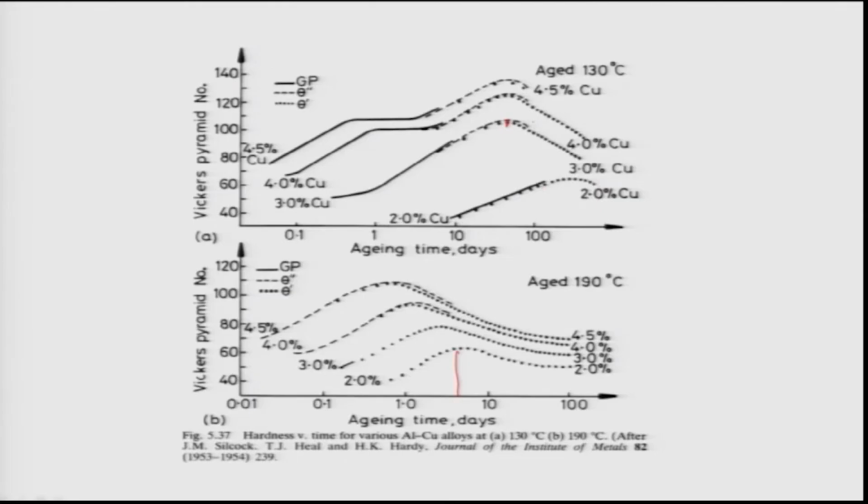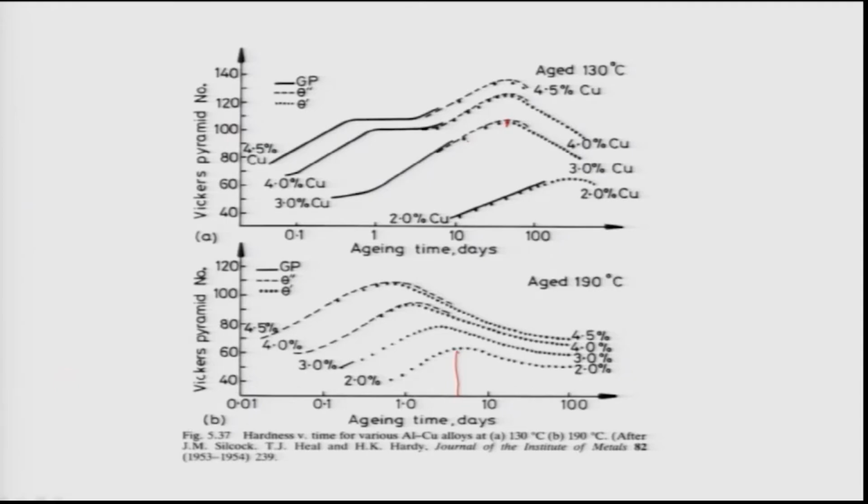But on the other hand, for the little richer alloys, with 3 and more than 3% copper, the sequence is just like what we see in the real microstructural length scale, that is GP zone followed by theta double prime and theta prime. And obviously at a very high temperature or very long time, theta will precipitate. That is not shown here, and it is not actually desirable because theta has incoherent interfaces with the alpha. Therefore, the hardness decreases further. So why such a curve?